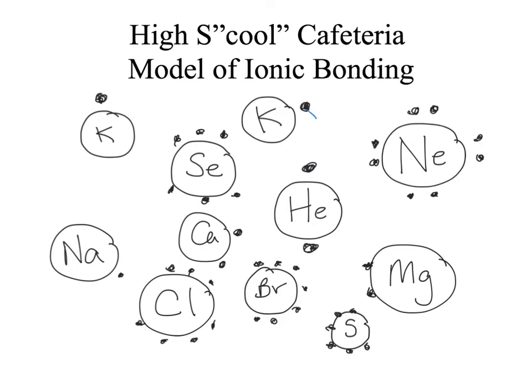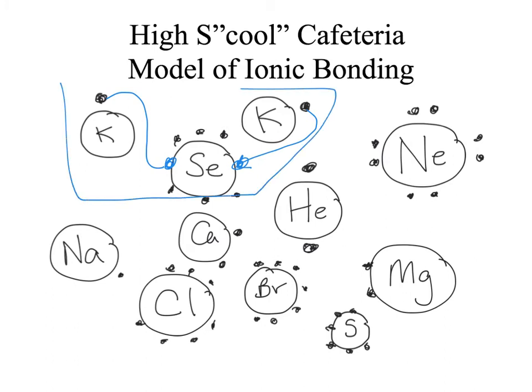It can give up that electron to selenium, and then selenium will gain an electron, and then this potassium here can also give up its electron, and then selenium will gain 2 electrons. It will now have 8 electrons in its outermost shell and will be connected to the 2 potassium tables. So this whole thing becomes a compound, and it is now stable because the selenium has its 8 chairs to make it a full table, or 8 valence electrons, and it got there because it took an electron from each of these atoms.